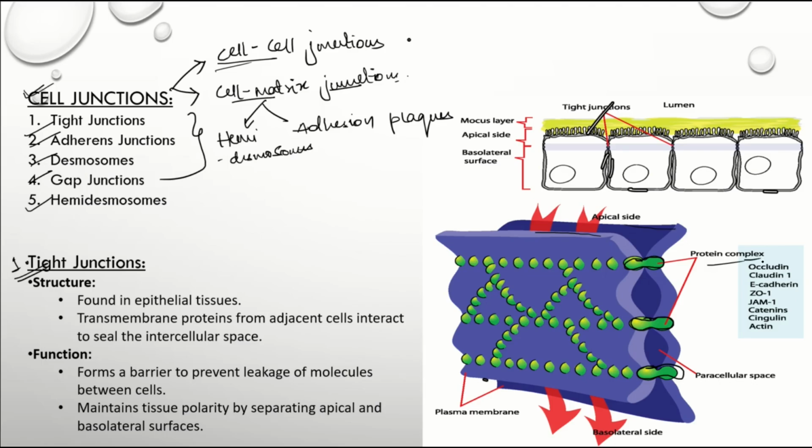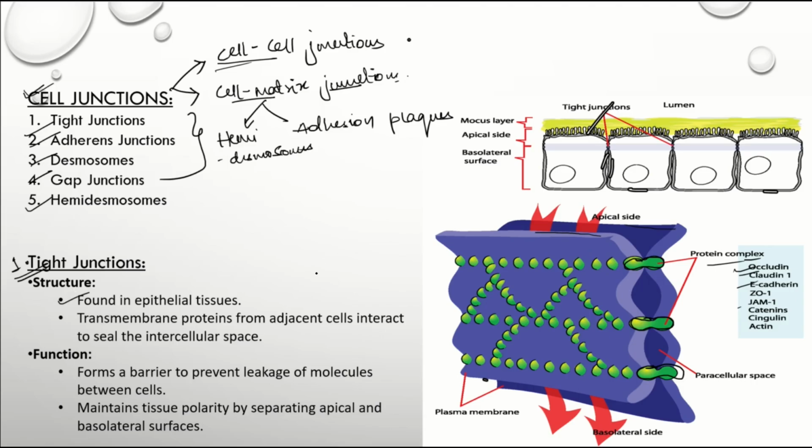Now what are the contents of the protein complexes? The protein molecules occludin, claudin, etc. These protein molecules form the protein complex, and they are present transmembrane between the two cells. What is the structure? It is found in epithelial tissue.